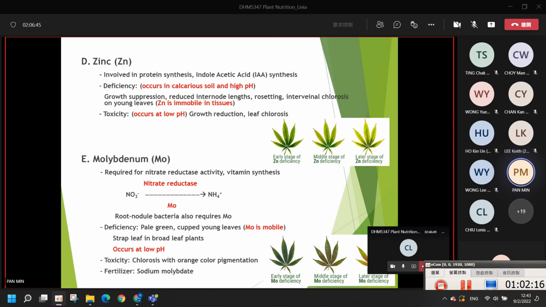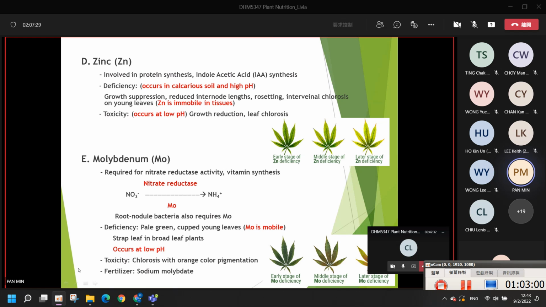Molybdenum is very important for nitrate reductase activity. It serves as the catalyst for nitrate reductase activity and vitamin synthesis, and also for root nodules. The root nodule bacteria that form nodules and help with nitrogen fixation also require molybdenum. The deficiencies will cause pale green, cupped young leaves and striped leaves in broadleaf plants, and occur at low pH.